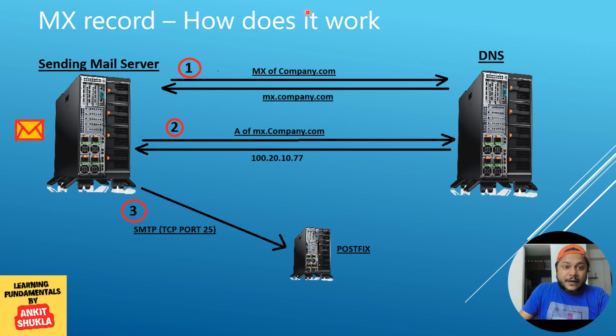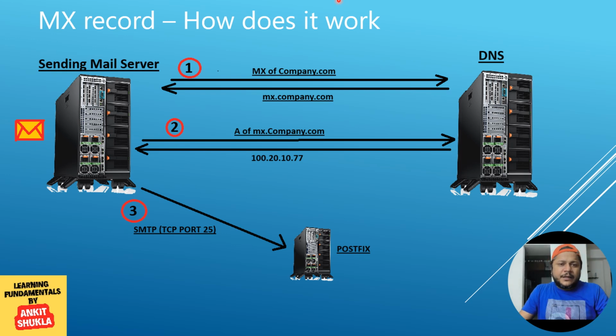If there is no MX record, then it will try again in the second step. However, generally you will find the MX records and the DNS will reply with the correct MX record. This is the mail server domain, which is mx.company.com. So any email that is sent to mx.company.com will eventually land up at my receiving server.